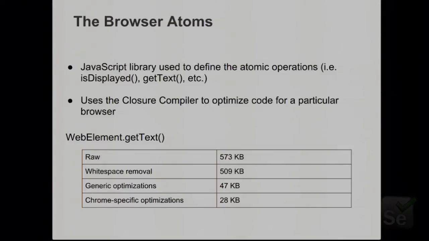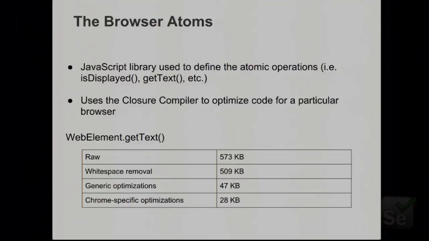So for example, for web element getText, if you just took all of the JavaScript files involved in defining that function and concatenated them together, you'd have 570 kilobytes. If you optimize it a little bit, strip out your white space, you end up with 500 kilobytes. Go a little bit further and do some generic optimizations, you end up with 50 kilobytes.